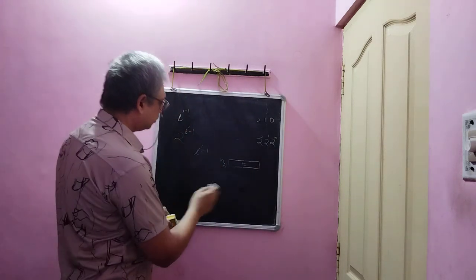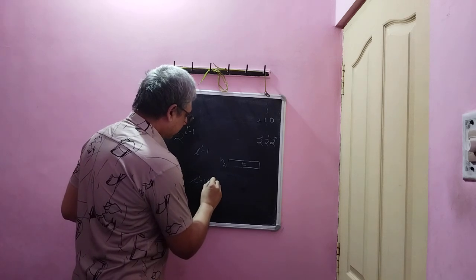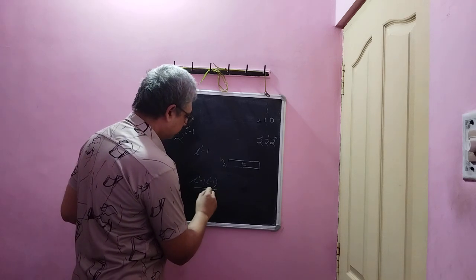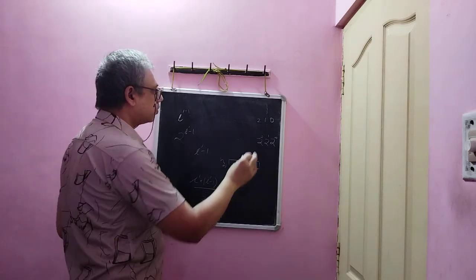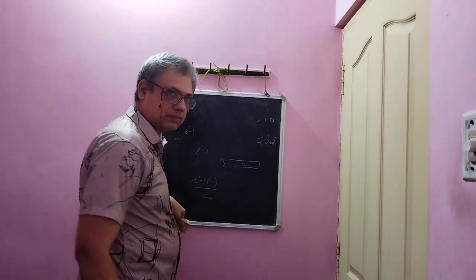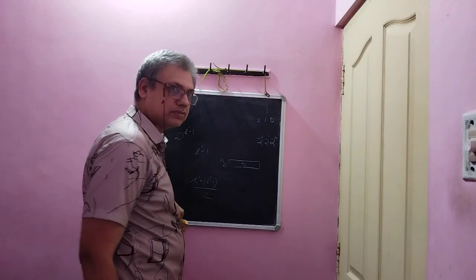The maximum value we know will be L' into L' minus 1 by 2. If we know this value, we can deduce the sum of the indexes which are not 1, because this minus that gives you the sum of those values.